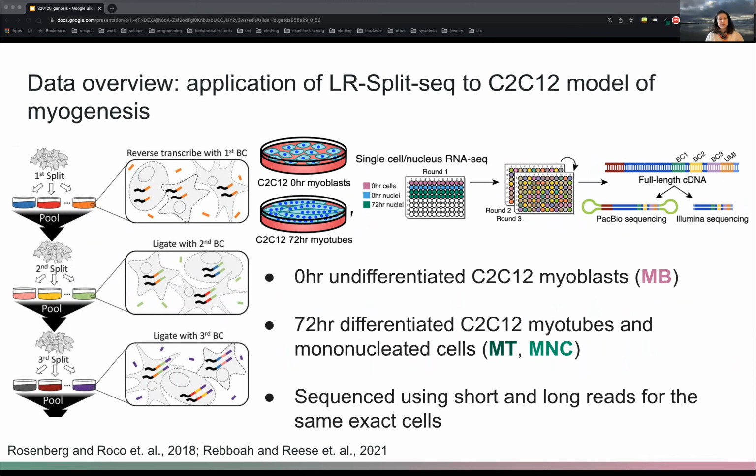And the details of this differentiation process aren't really important for your purposes, but essentially what I want you to know is that we have these undifferentiated myoblasts, which will be shown in pink for the rest of the presentation, as well as these two different subtypes of differentiated cells that we found, which we called either myotubes or mononucleated cells. The former being what we canonically think of as the more mature version of these differentiating muscle stem cells, and the latter being the in-between state between the myoblasts and the myotubes.